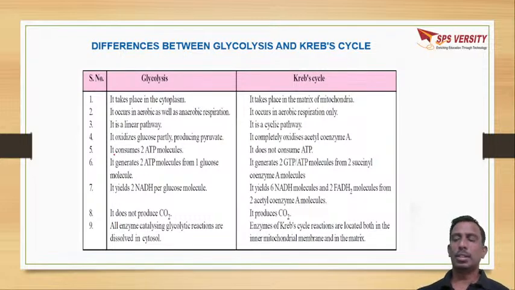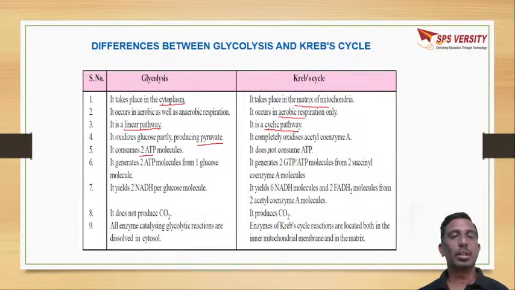Glycolysis is a common step for aerobic as well as anaerobic respiration, whereas the Krebs cycle is seen only in aerobic respiration. Glycolysis occurs in the cytoplasm, but the Krebs cycle occurs in the matrix of mitochondria. Glycolysis is a linear pathway, the Krebs cycle is a cyclic pathway. Glycolysis takes glucose to pyruvate, the Krebs cycle starts from acetyl coenzyme A. Glycolysis consumes 2 ATP, the Krebs cycle consumes no ATP. Glycolysis releases 2 ATP, the Krebs cycle also releases 2 ATP. Glycolysis gives 2 NADH2, the Krebs cycle gives 6 NADH2, 2 FADH2.